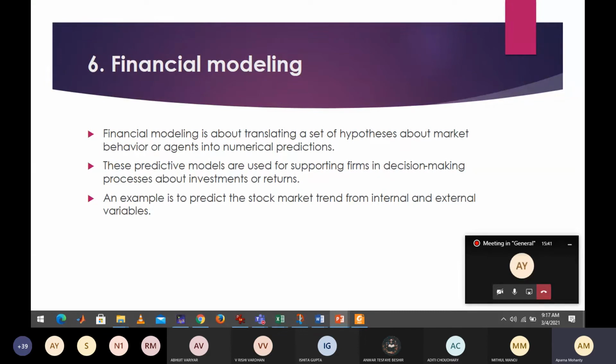Rather, an optimal point has to be decided, and all these things can be judged by your predictive analysis team. They'll help you predict what the optimal cost should be, so that you don't lose money in the market and you don't charge the customer more. So financial modeling also can be handled by your predictive analysis team. So these are the applications.